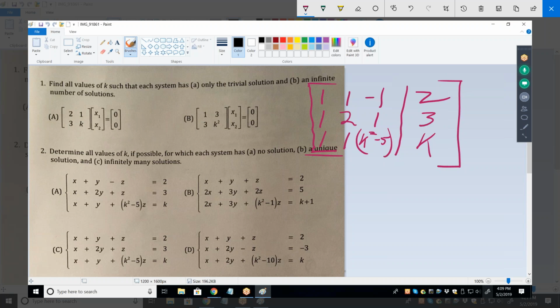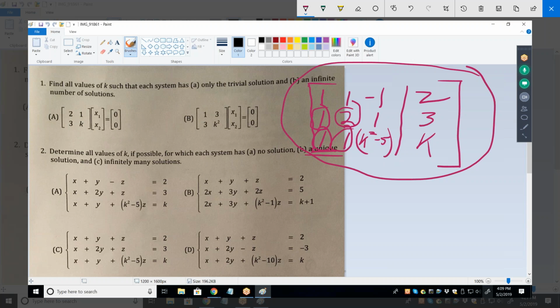But how to do it now, the way I would go about trying to solve that would be manually doing it. In other words, try to turn that into a 0, turn that into a 1, turn that into a 0, and then turn that into a 0. And then you're going to have K squared minus 5 equals whatever that becomes.